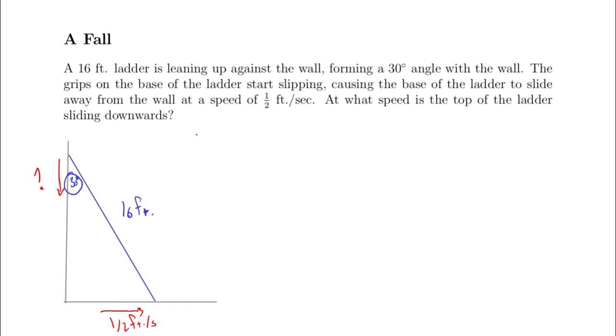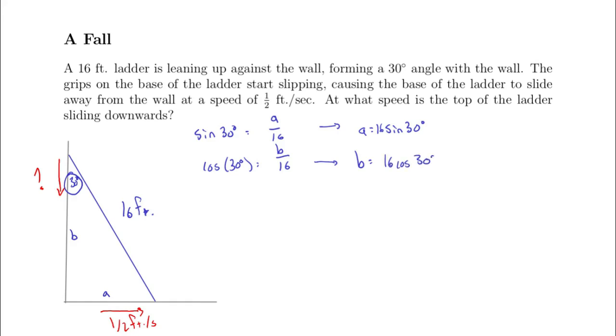Because what we can do is say something like, well, sine of 30 degrees is going to be, maybe we'll call this A and this one B, so we'll say this is A over 16. So A is equal to sine 30 degrees times 16. Similarly, cosine of 30 degrees is equal to B over 16. And that means that B is equal to 16 cosine 30 degrees.